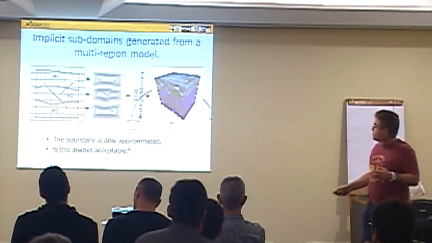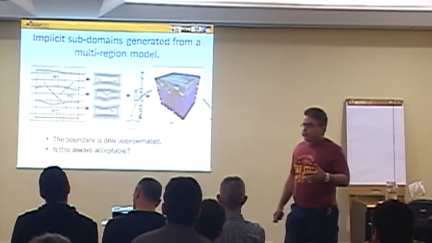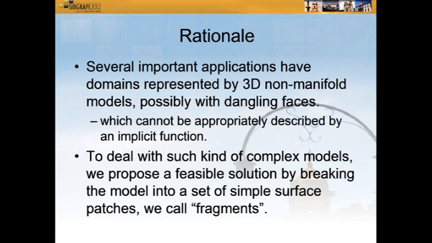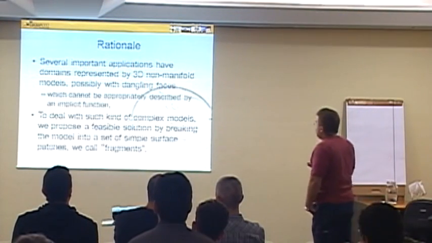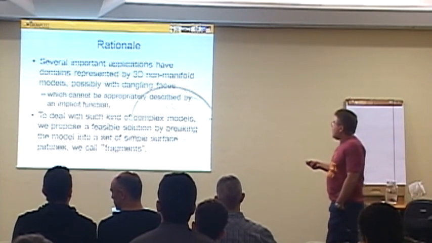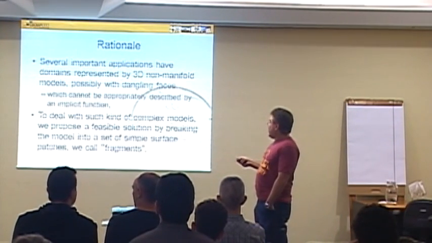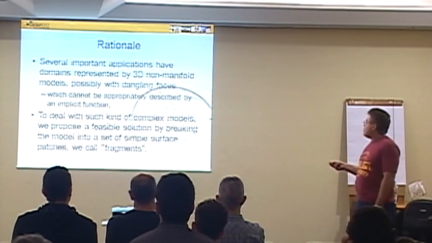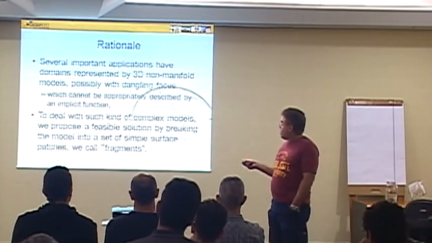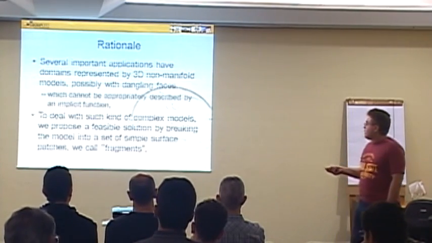We would like to honor the boundaries all the time. We are mainly interested in geoscience models. And in this case, our models are mainly 3D non-manifold, and we have a lot of dangling faces. It's not natural to describe this using an implicit function. It's possible, but it's not the way we would like to work.